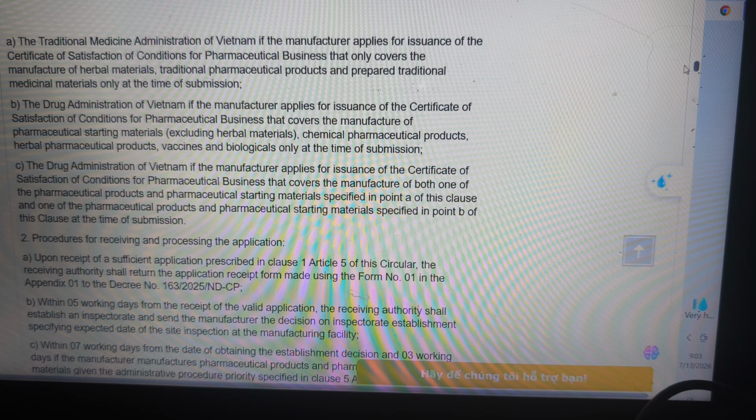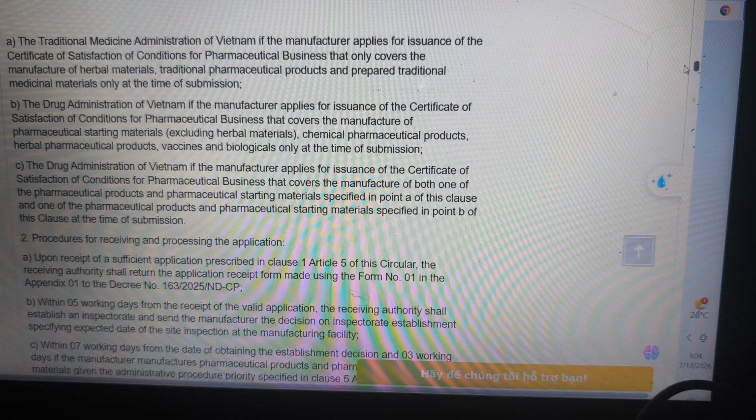The Drug Administration of Vietnam is the receiving authority if the manufacturer applies for the issuance of the certificate of satisfaction of conditions for pharmaceutical business that covers the manufacture of pharmaceutical starting material, including herbal material, chemical pharmaceutical products, herbal pharmaceutical products, vaccines, and biologicals, at the time of submission.